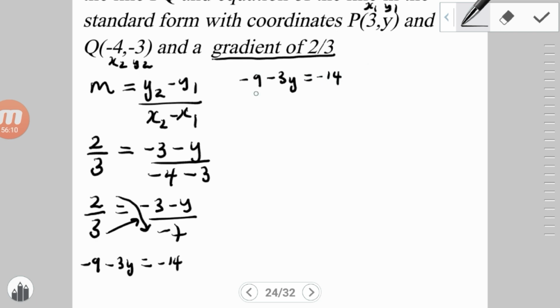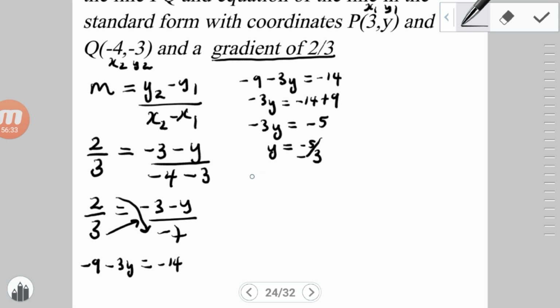If we transpose the -9, we'll end up with -3y being equal to -14 plus 9. This will work out to be -3y is equal to -5. And so y is equal to -5/3. -5 divided by -3, which y is equal to 5/3.